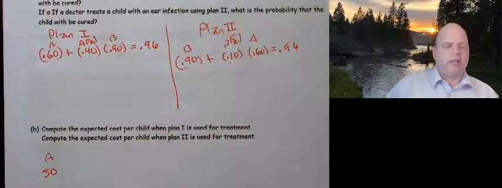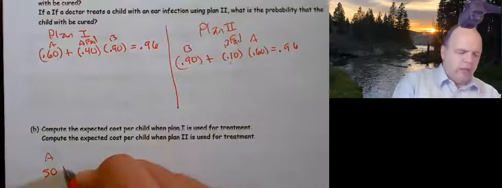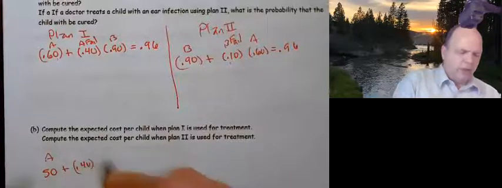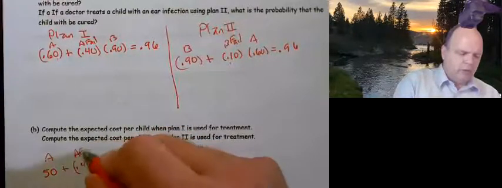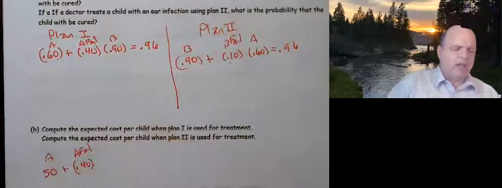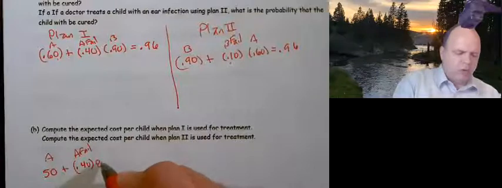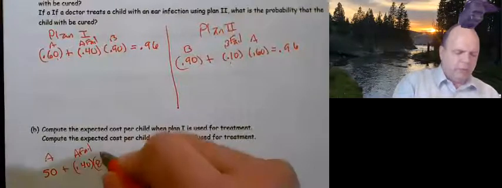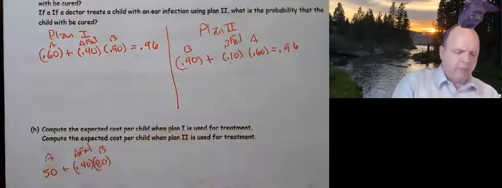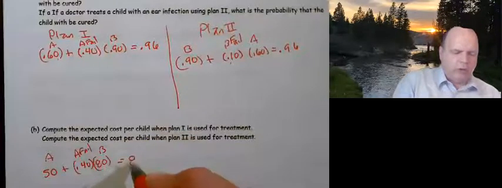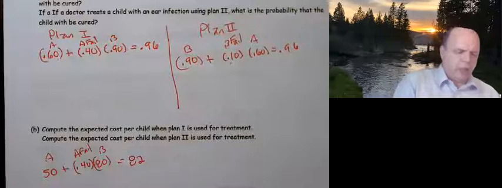But there's a 40% chance that we have an A fail. And if that happens, I'm going to have to go spend the $80 for drug B. And when I do that, I end up getting that this costs $82. I should have labeled this plan one.